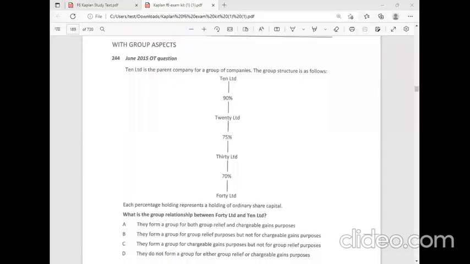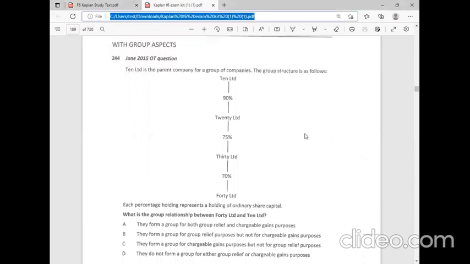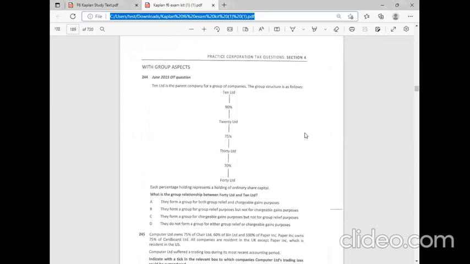Now, the question in front of you is from your Kaplan revision kit. It's a big question. Please read it. 10 Limited is the parent company for a group of companies. The group structure is as follows: 10 Limited holds 90% of 20 Limited, 20 Limited holds 75% of 30 Limited, and 30 Limited holds 70% of 40 Limited.